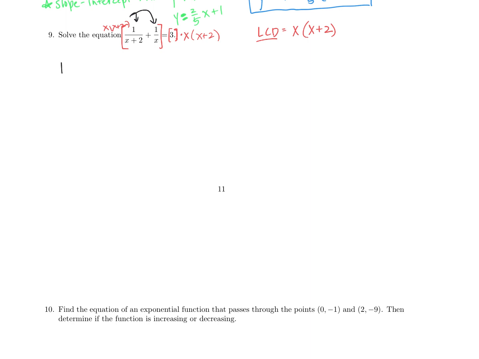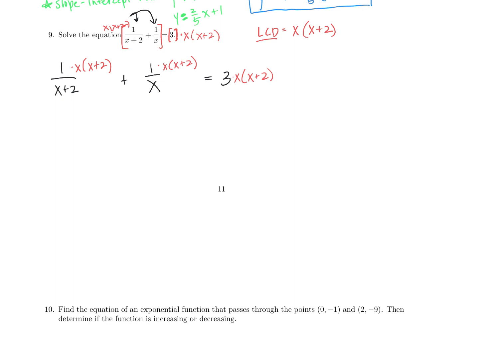So let's see what's happening. 1 over x plus 2 times x plus 2, plus 1 over x times x plus 2, equals 3 times x plus 2. So the black part is the original equation. The red part is me distributing the LCD to each term on each side.